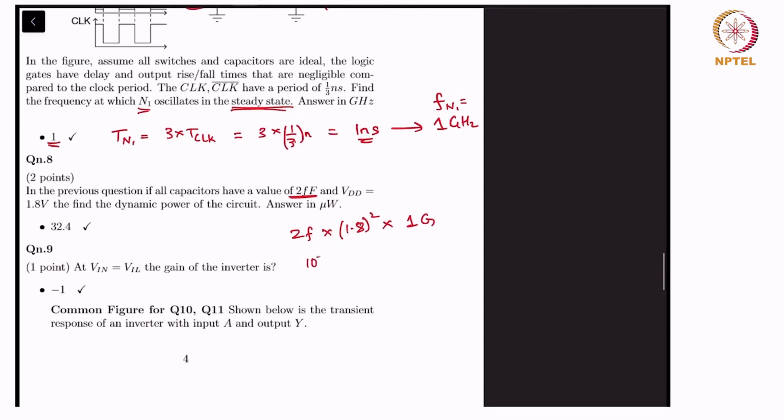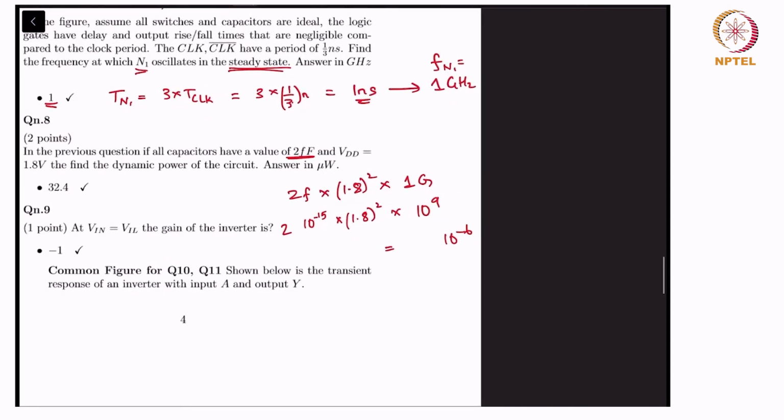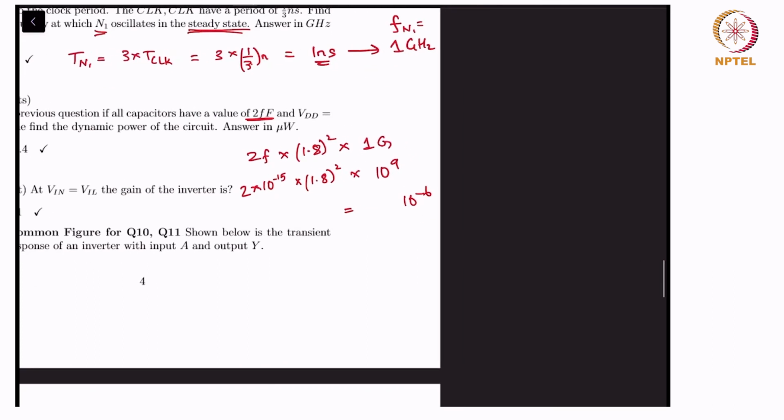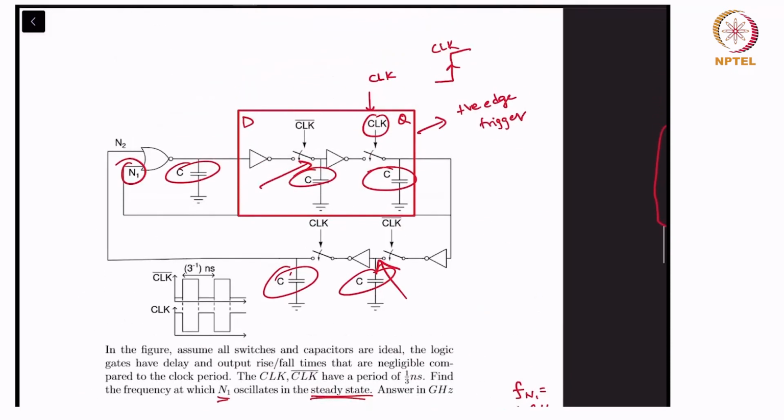So this is 2 into 1 femto, 1.8 squared, times 10 to the 9. Now how many nodes are there?